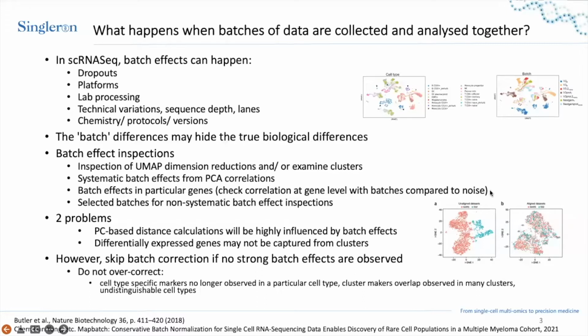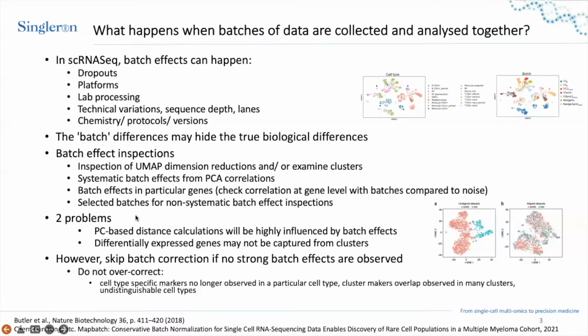This normally happens when different platforms have different capture capabilities for different genes. So when the batch effects only exist in particular genes, removing those genes from the expression matrix can sometimes resolve the problem already.